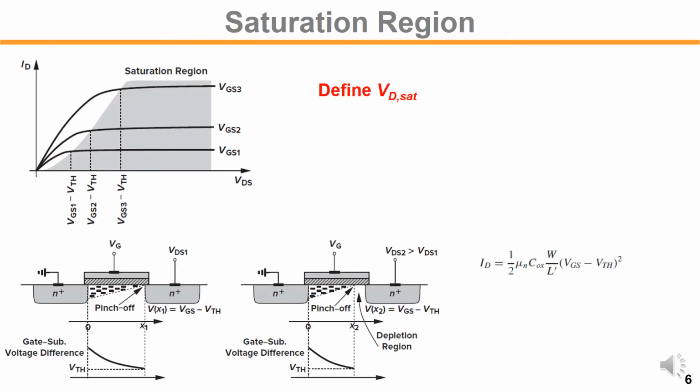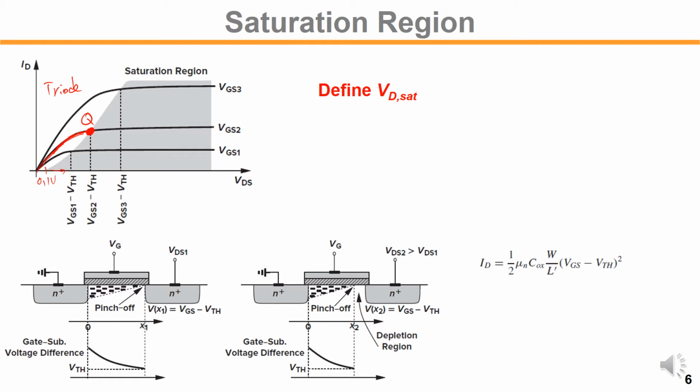In the previous triode region, we started increasing the voltage VDS from 0.1 volt to even higher. So if we start increasing the VDS, the ID increases linearly. At some point, it's like compressed. Let's take a look at this operating point Q. What is happening?